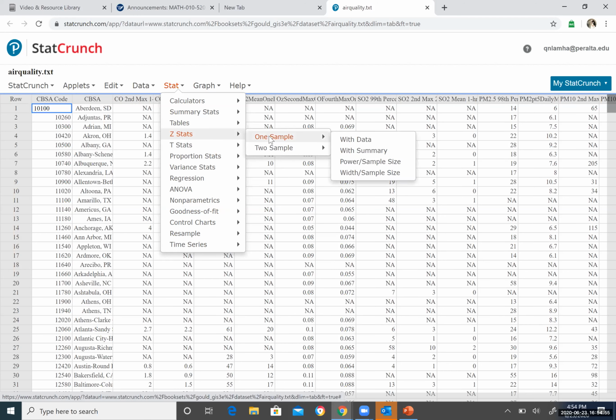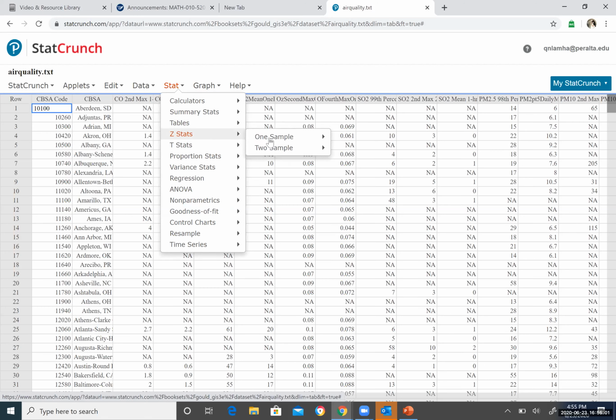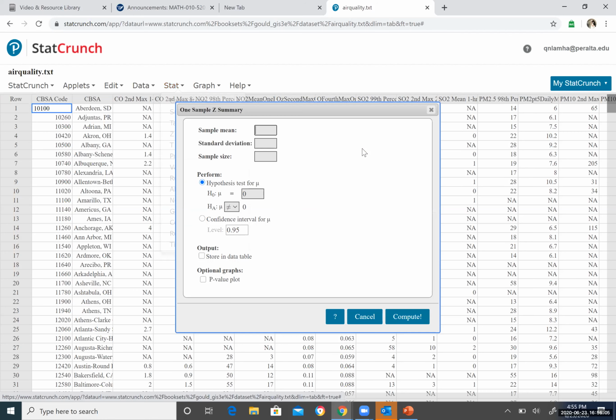Let's try it. Oh, we'll go back again. Stat, Z-stat, one sample with summary. Sample mean, let's say, right here we are computing the gas station, right?